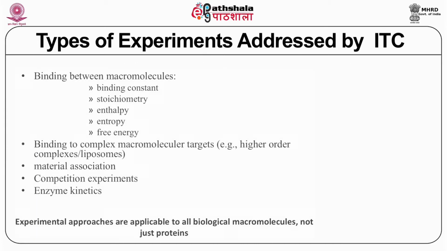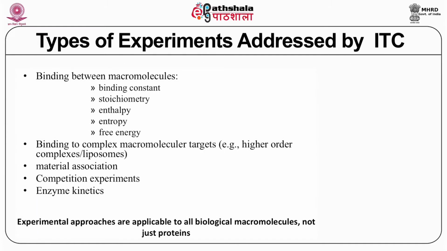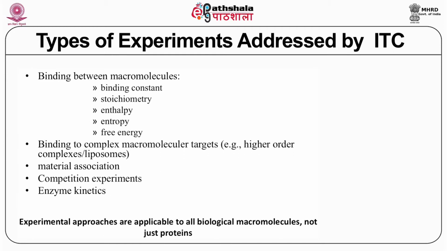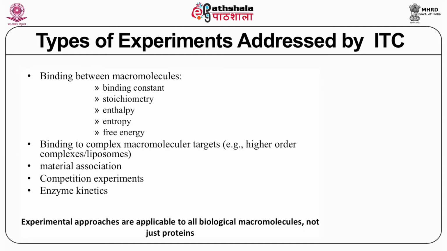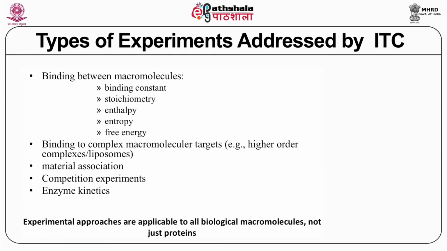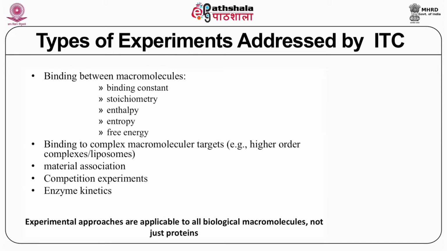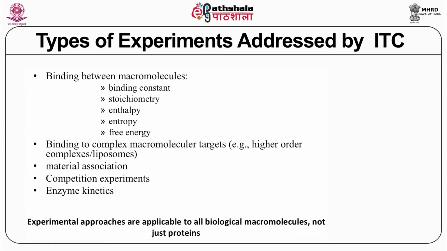So what are the types of experiments addressed by ITC? Binding between macromolecules, it could be any biopolymer, DNA, protein or lipid. Binding constant can be determined.